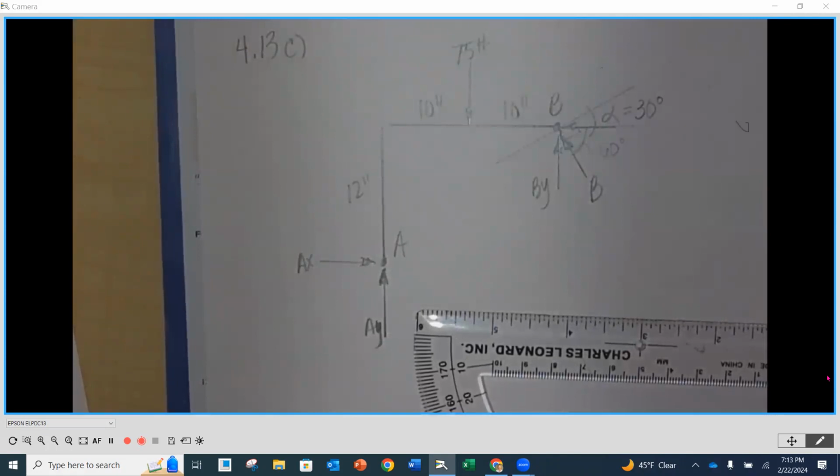Because AX and AY will be different every time. Okay, those will be different. Because of B changing. So it is three separate problems. So yes, you'll need three separate free body diagrams. All right. Any other questions on that one?